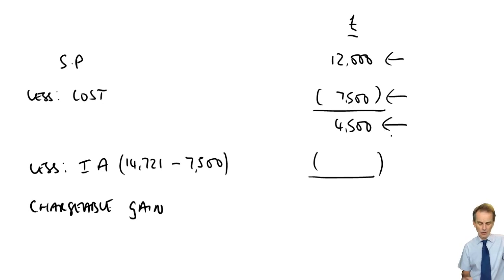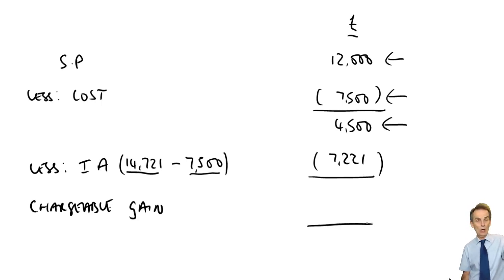Indexation allowance: the cost of those shares now disposed of, 7,500. The index cost of those shares, 14,721. That would give you an indexation allowance of over £7,000, 7,221.